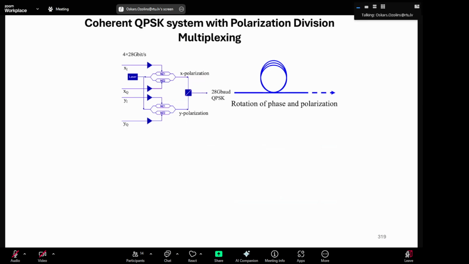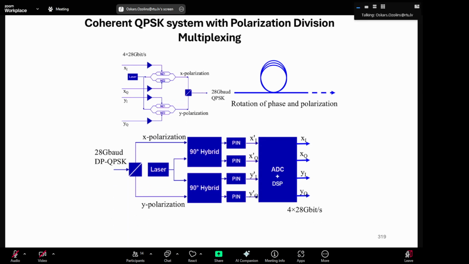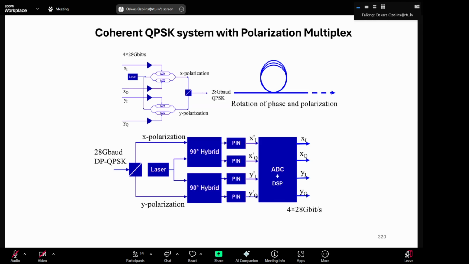The problem is that there is rotation of phase and polarization in a fiber, and then these polarizations are split, but you also need to do quite a lot of signal processing here after analog to digital conversion to recover this rotating phase and polarization in the optical fiber. Then you also get dispersion and noise from optical amplifiers.